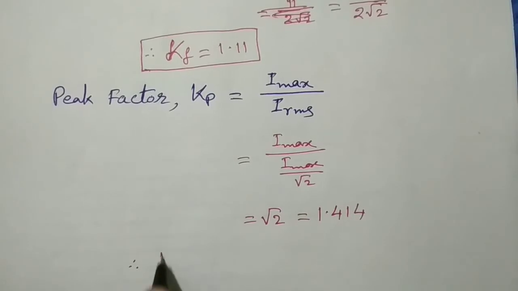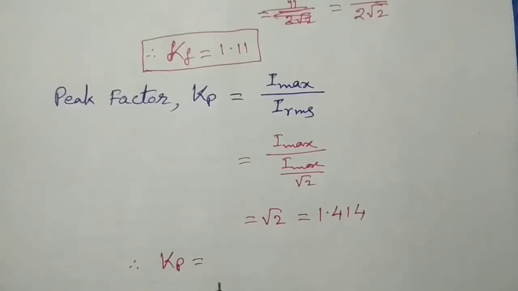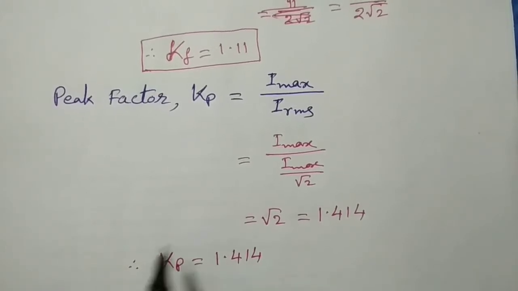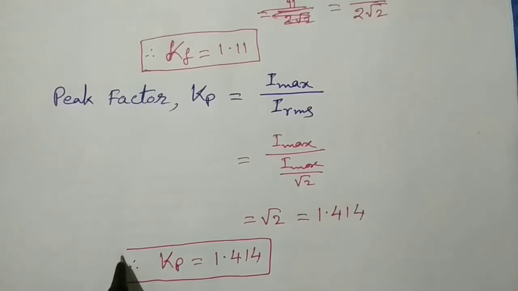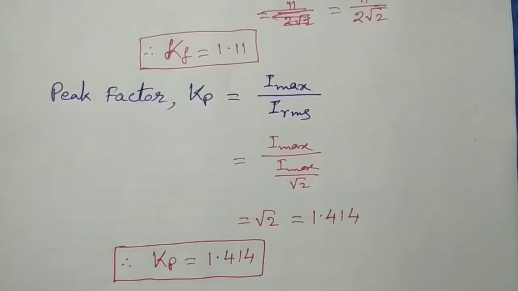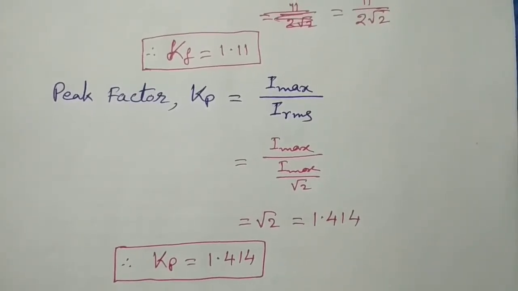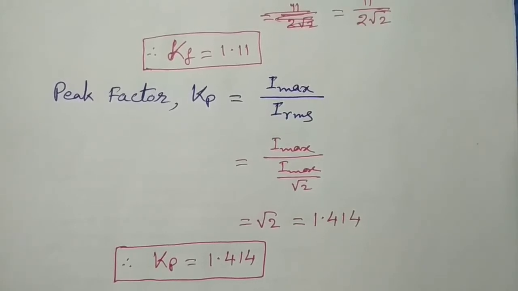Therefore, the peak factor of a purely sinusoidal waveform will be 1.414, and it is always a constant value. So in this way, we can calculate the average value, RMS value, form factor and peak factor of any waveform.